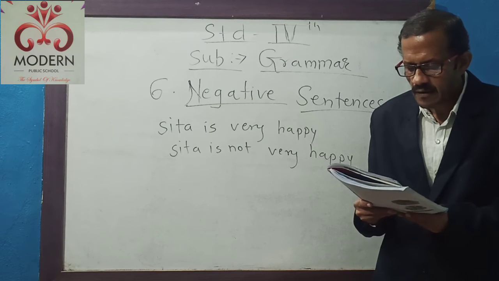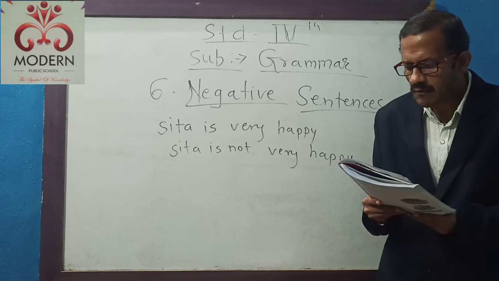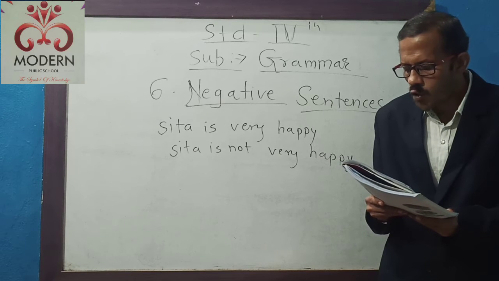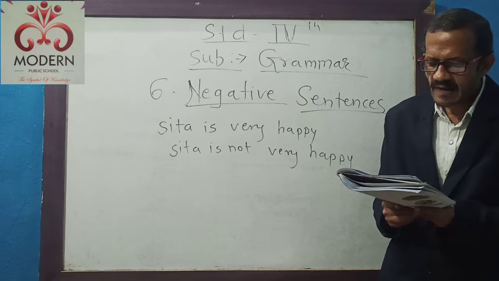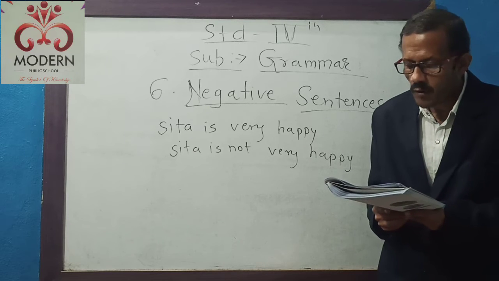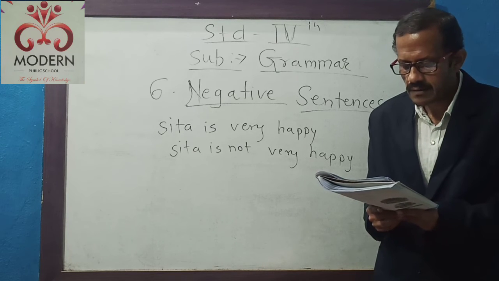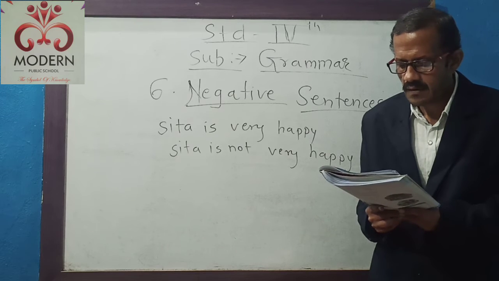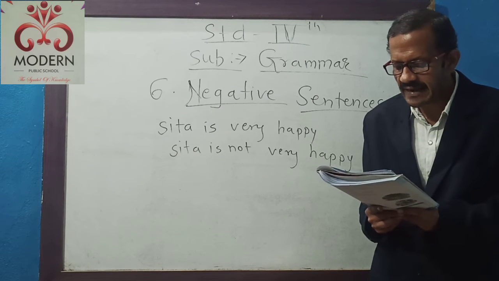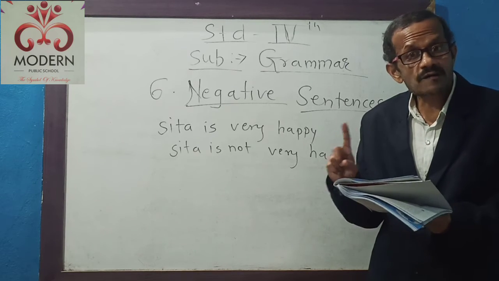In a sentence, when the verb consists of a single word, we add no or not after the word. For example, one positive sentence is given: she is sad. And what is the negative of this sentence? She is not sad.